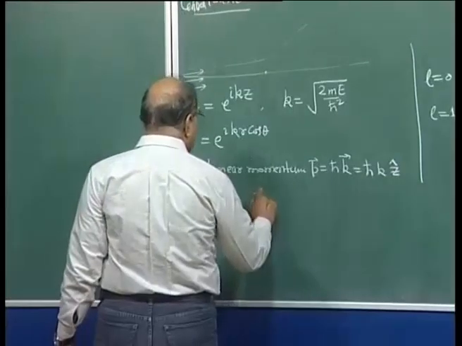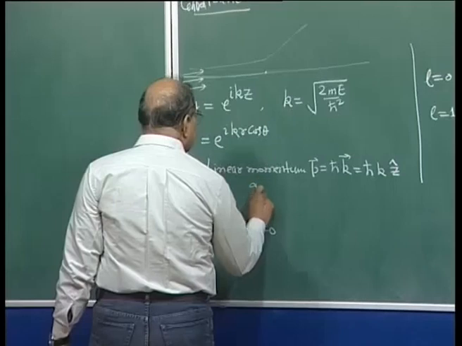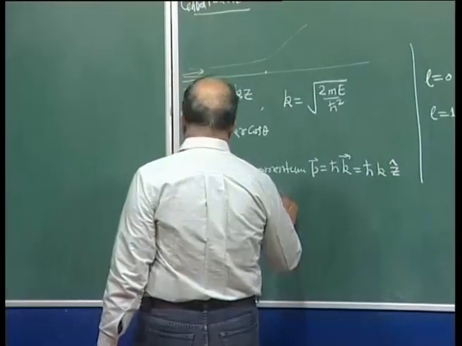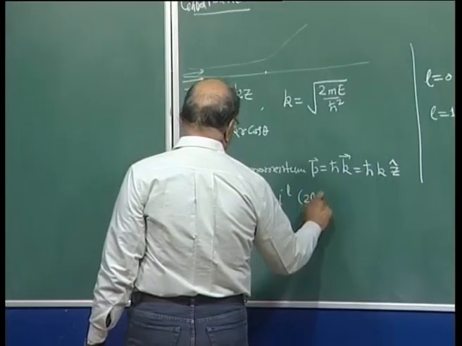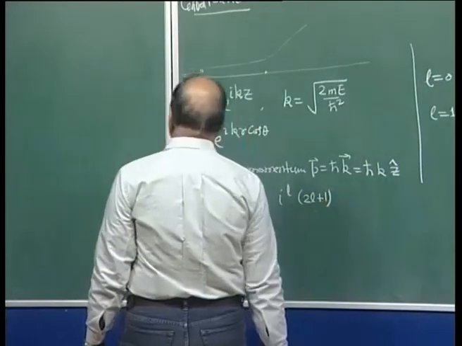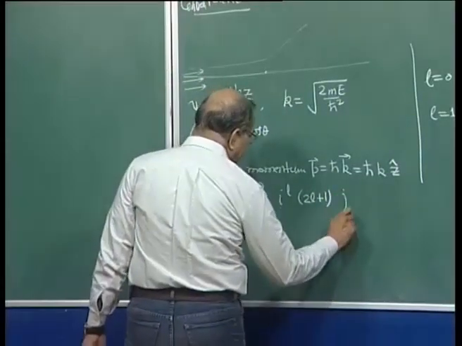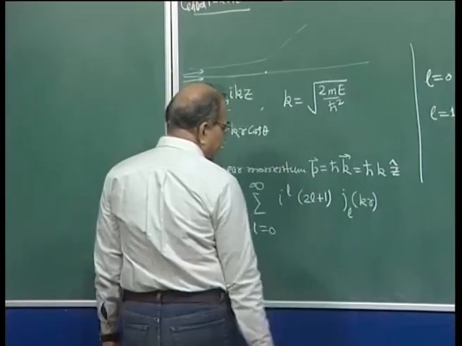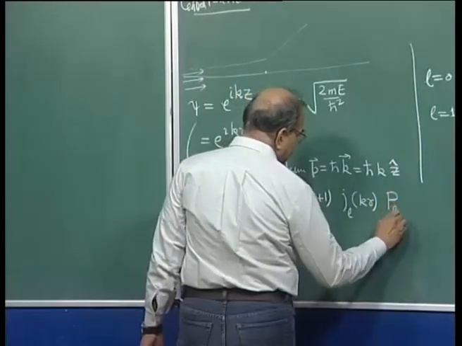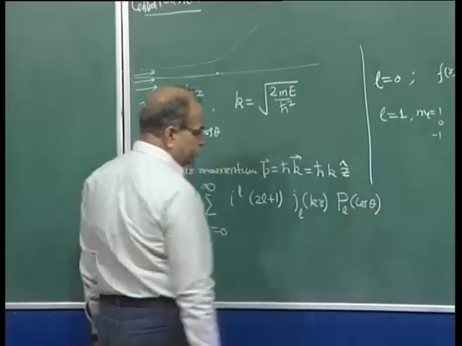This turns out to be summation over L going from 0 to infinity, i to the power L, (2L plus 1), and then some Bessel function coming in, j_L(kr), and P_L(cos theta), m_L equal to 0.